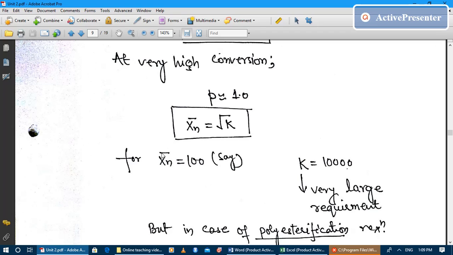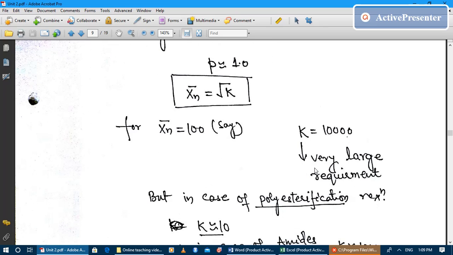So in order to obtain 100 Xn bar, the value of the equilibrium constant must be 10,000, and this value is very high, a very large requirement, and usually it is not possible in case of polyesterification reaction.